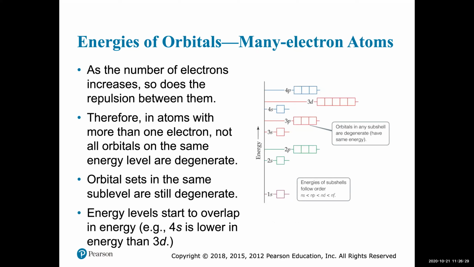So what this means is you have orbitals that have different energy levels. So in other words, they're not degenerate anymore. We see here in this example that the 2 and the 3 and the 4 shells don't have their subshells at the same energy level.